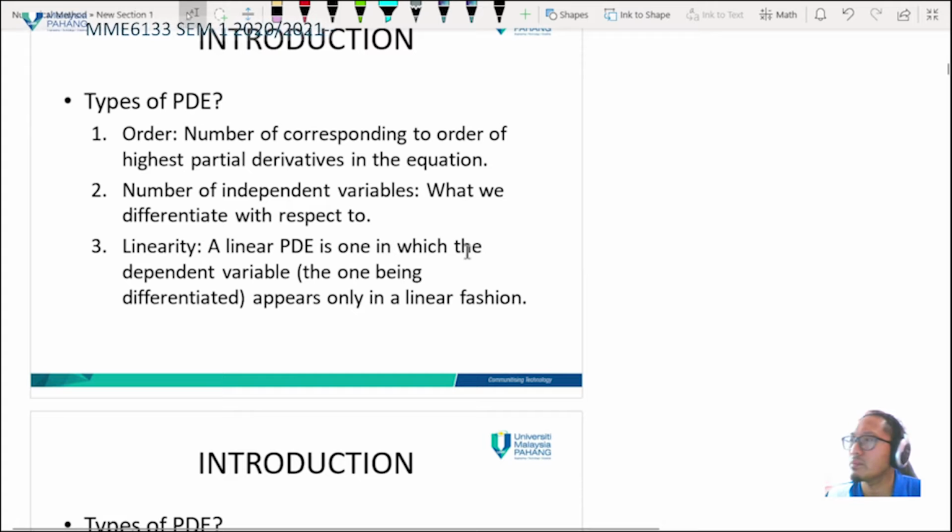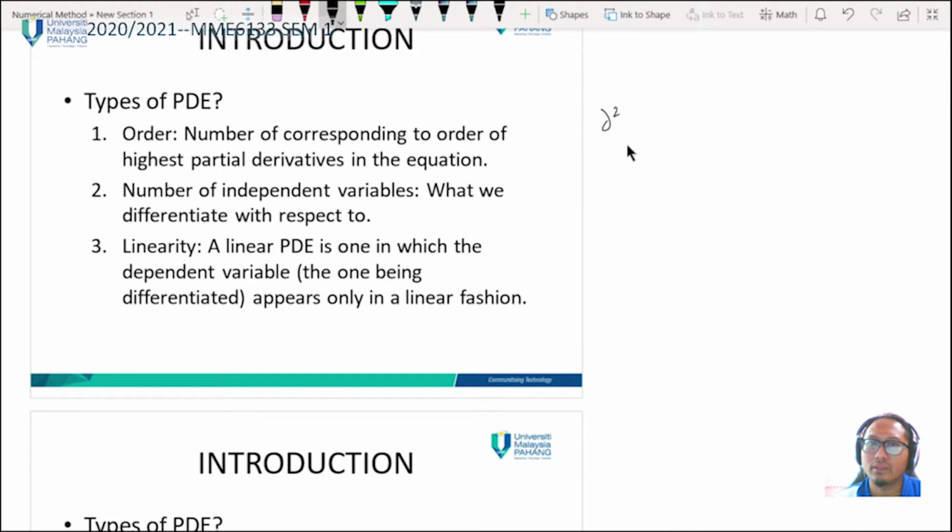From the first one, we can look at the order of the PDE. The order of the PDE is determined by the order of the highest partial derivative in the equation. Let's say we have the equation d²f/dx² = df/dt.